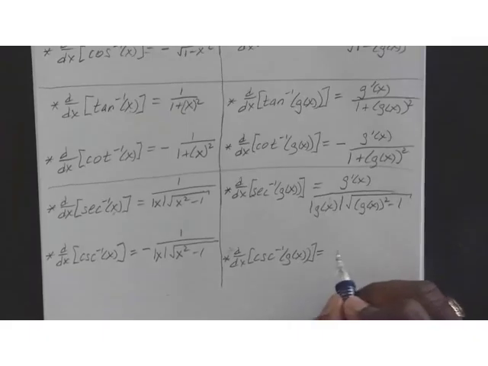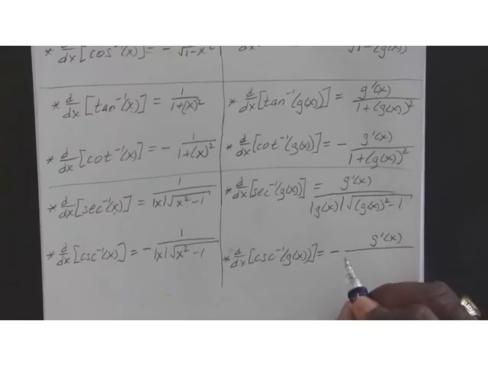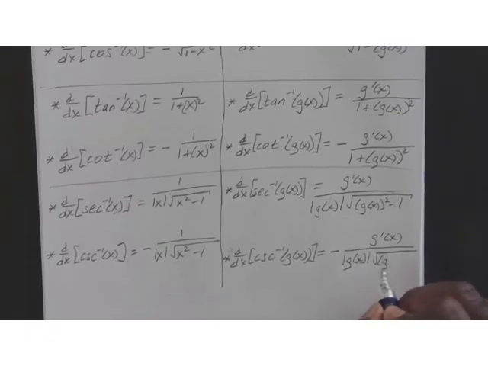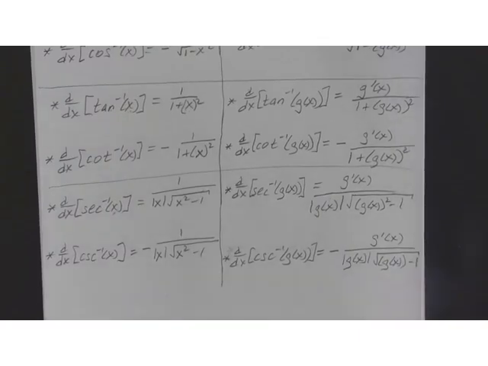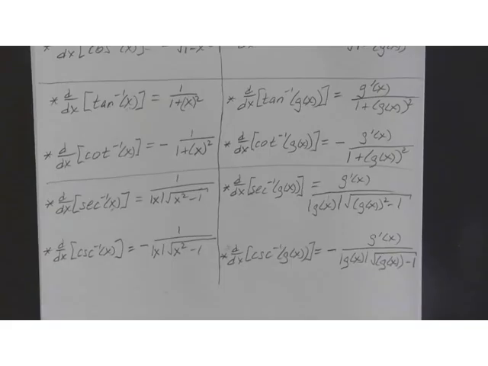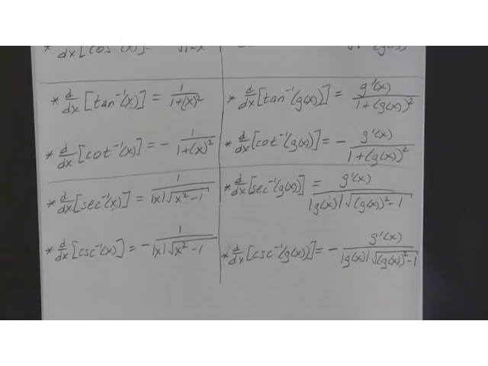That's just the negative of g prime of x divided by the absolute value of g of x times the square root of g of x minus 1. Barely made it. G of x squared now. Oh, squared. I know. So busy worried about making it all fit. Forgot my square. Thank you.